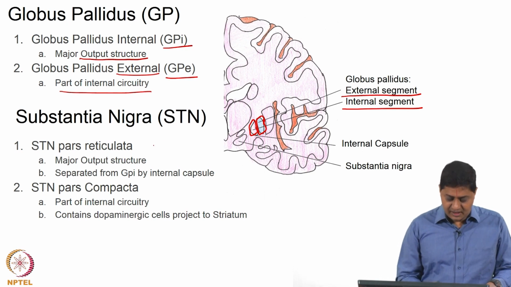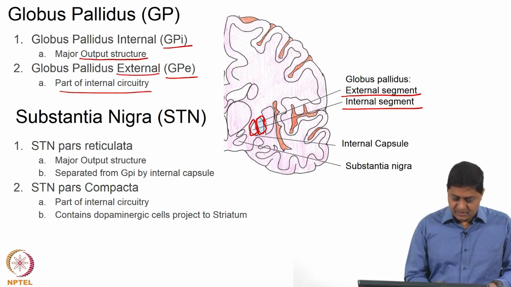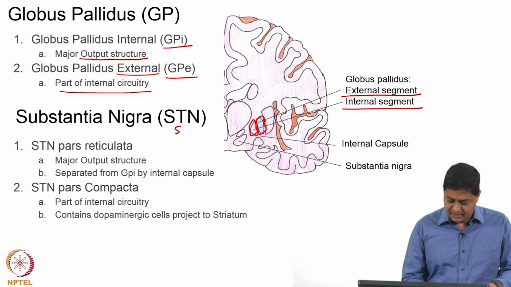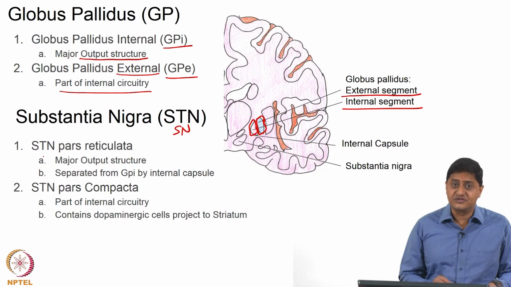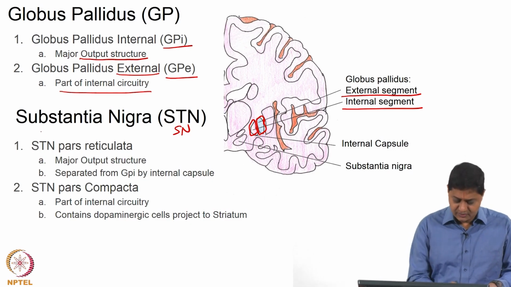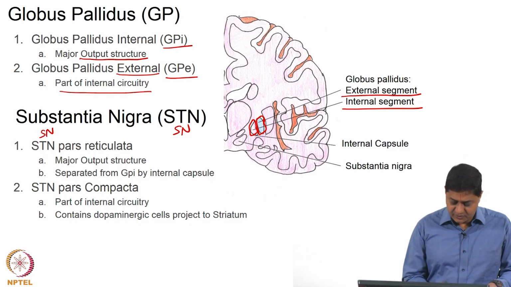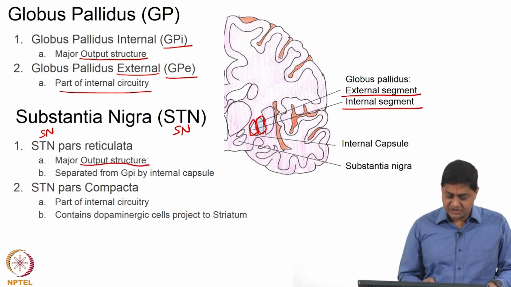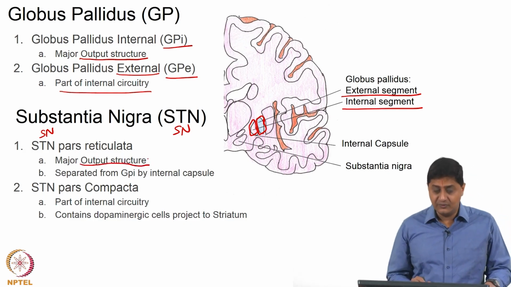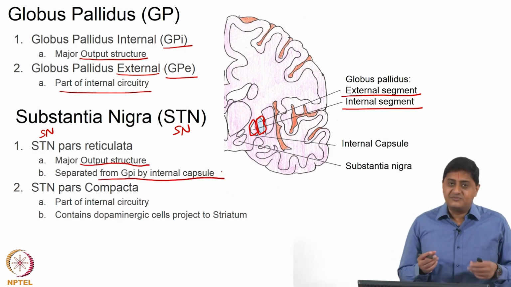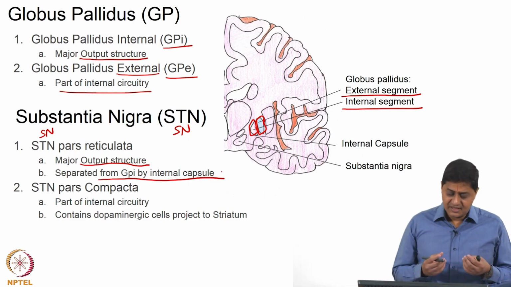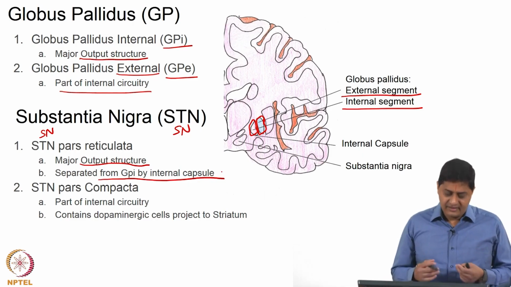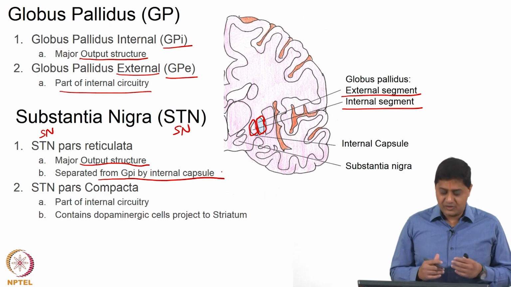The substantia nigra I am going to call here as SN, okay, just to prevent confusion with subthalamic nucleus. SN pars reticulata is a major output structure. This is similar to the globus pallidus internal. It is actually the output structure separated into two parts as the globus pallidus internal and substantia nigra pars reticulata.